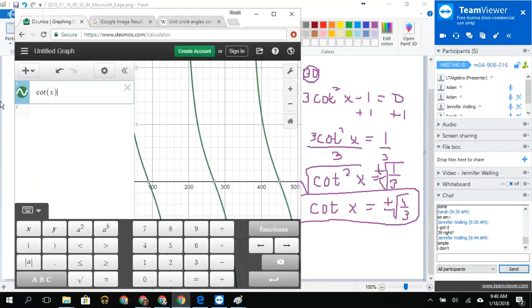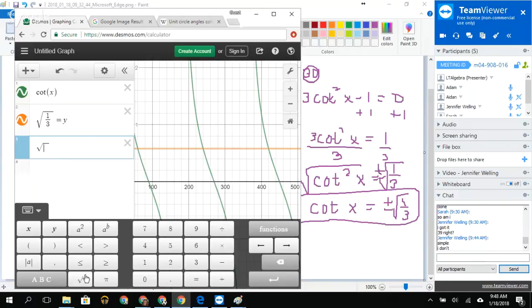I don't think it lets me do plus or minus, so we'll do y equals the square root of 1/3, and y equals the negative square root of 1/3.